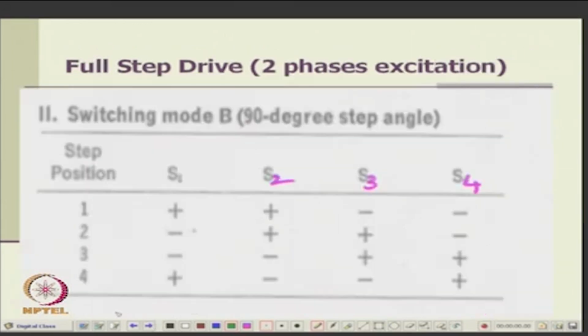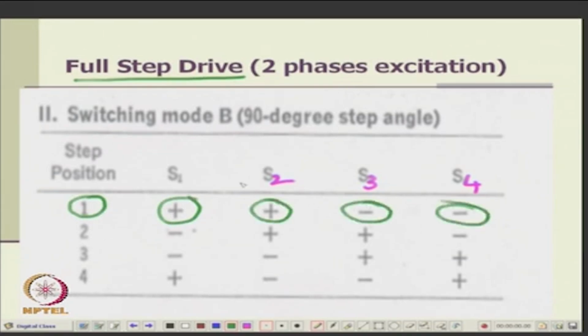Let us see. Switching mode by two phase excitation, full switching mode will be, so for one position you can have 2 can be plus and 2 can be minus. So, you have S1, S2, S3, S4, you can excite in a suitable way.